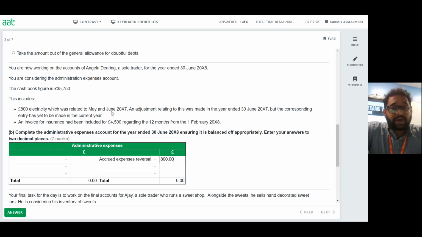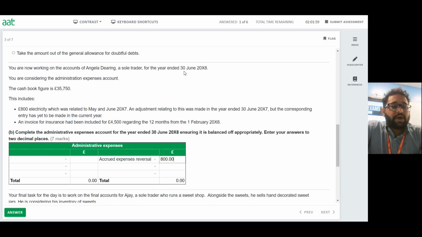Okay, so now let's look at the next one here. The corresponding entry yet to be made this year, we have done that now. And then they're also saying here, an invoice for the insurance had been included for £4,500 regarding the 12 months from 1st of February 2018, so it's going to be until 31st of January 2019.